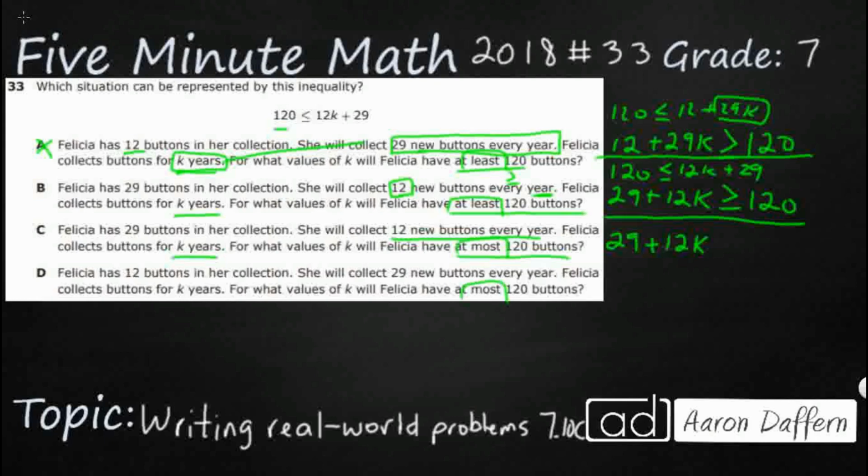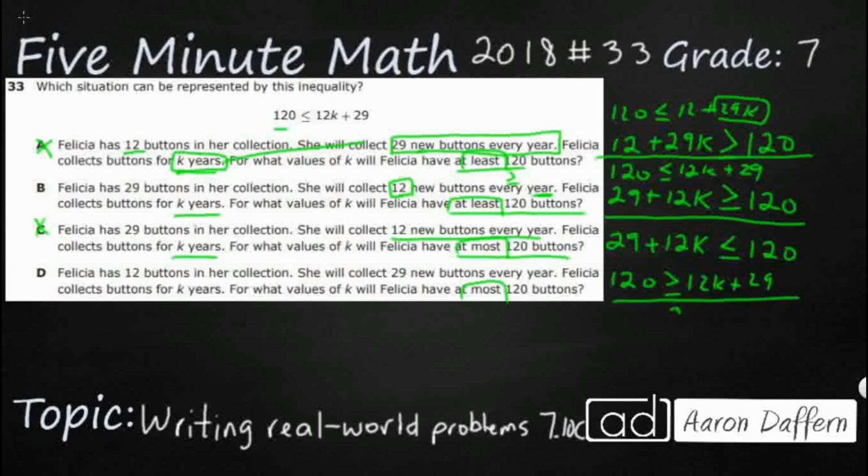So at most, that means you want to be less than or equal to, because you don't want to be greater than 120. But what happens if I flip this? Because you want the opening to go to 120, 12k plus 29. So the inequality is wrong. Everything else is good.